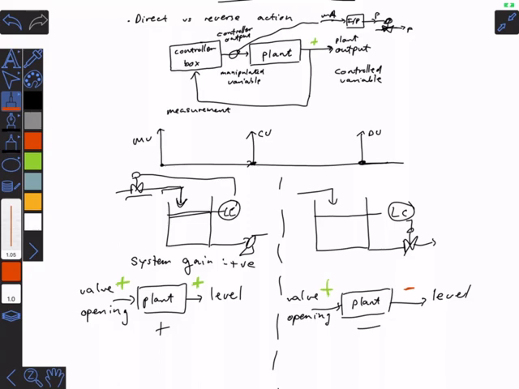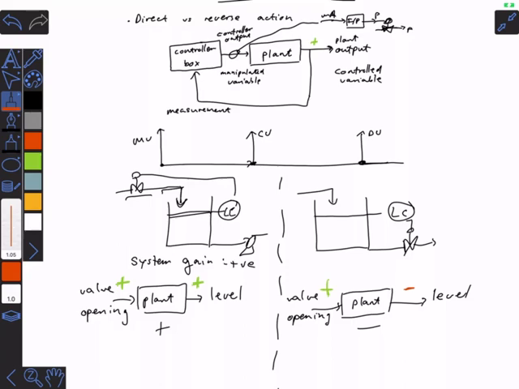And from that point of view, if the controller has to open the manipulation when the measurement goes up, that is a direct acting controller. It acts in the same direction as the measurement. When the measurement goes up, the output goes up. That's direct action. Reverse action is when the measurement goes up and the controller action has to go down. Does that make sense to everybody?